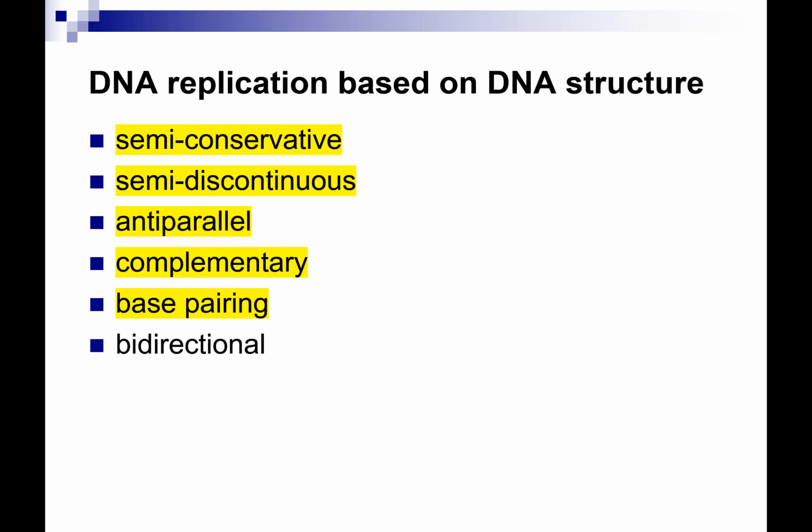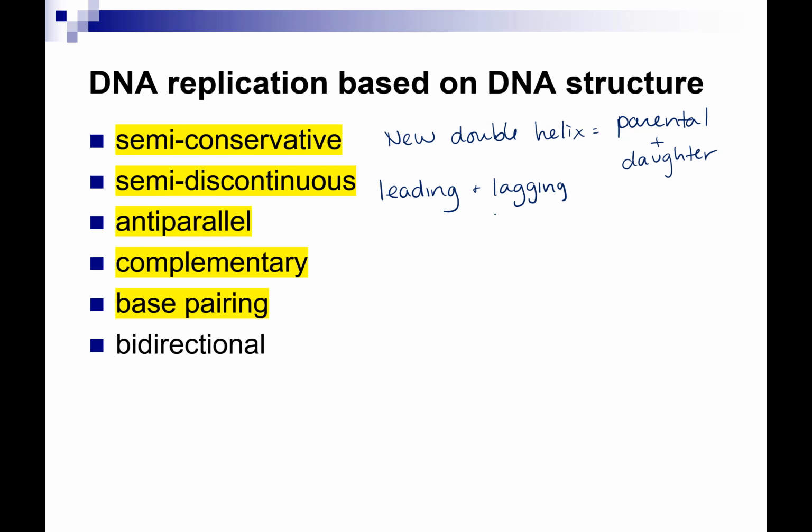So, semiconservative is the idea that a new double helix is a parental strand plus daughter strand. It conserves the parental. The daughter is new, so it's semi-conservative. Semi-discontinuous talks about the idea that there is a leading and a lagging strand.